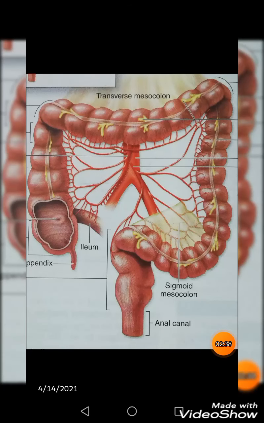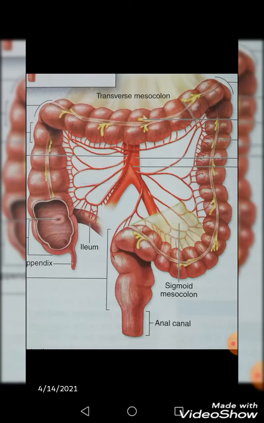Now, for this study purpose, we will learn about the histological features of your colon: the ascending, transverse, descending and sigmoid colon, and cecum, and compare their differences with that of your rectum. So concentrate first on the colon, the cecum, the cut section.